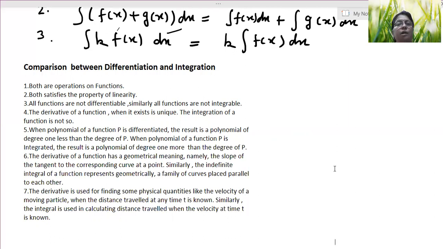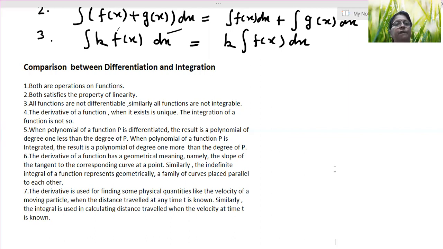All functions are not differentiable. You have already studied that there are some functions which cannot be differentiated. Similarly, all functions are not integrable. The derivative of a function when it exists is unique. ये भी आपने पढ़ा है बच्चों.